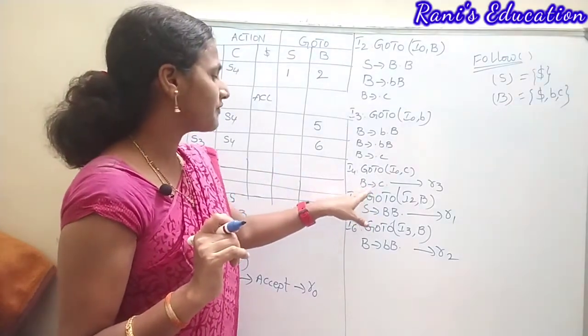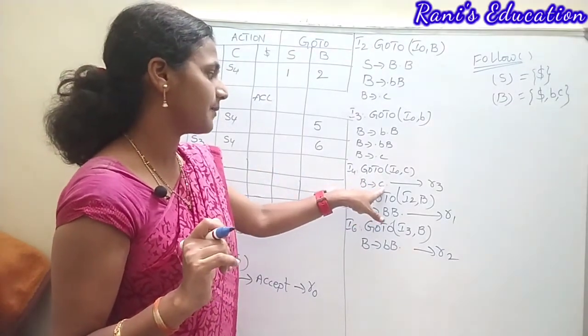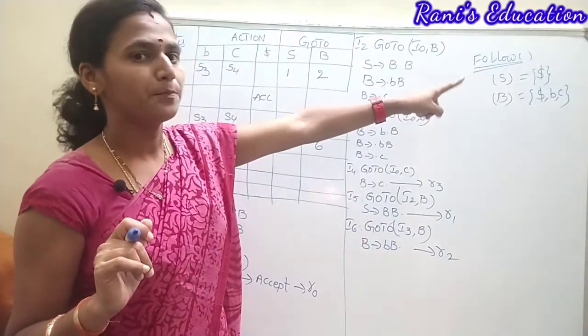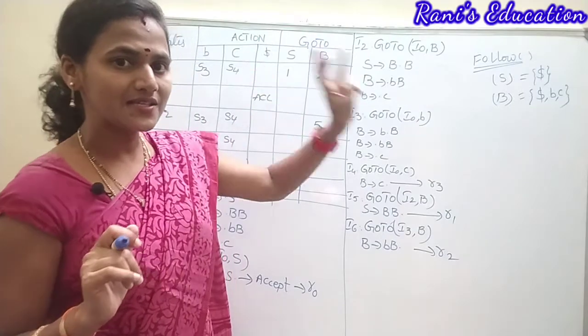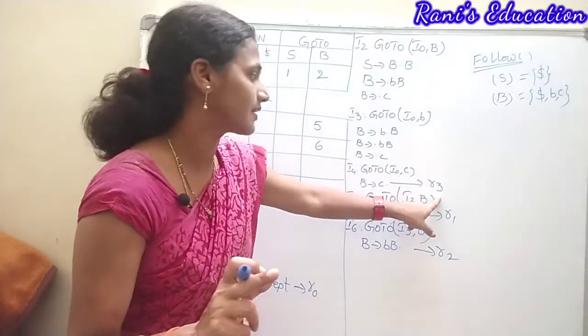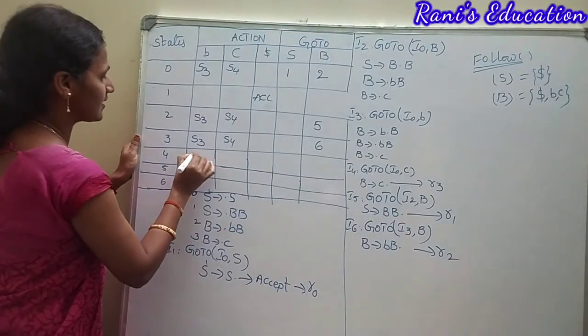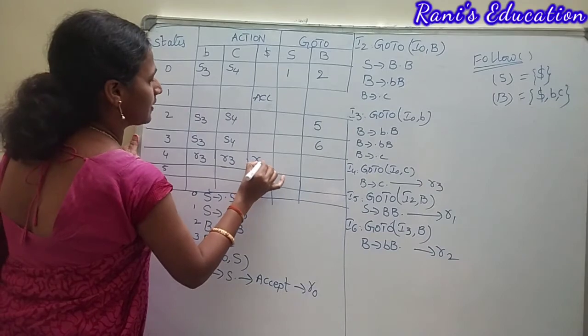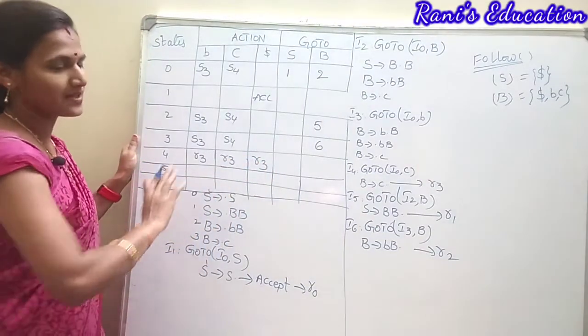What is the follow of the LHS of the reduced production here? What is follow of B? Dollar, B and C. Under these three terminals, you are going to write the reduction number as R3. Okay, so that is under B, C and dollar.